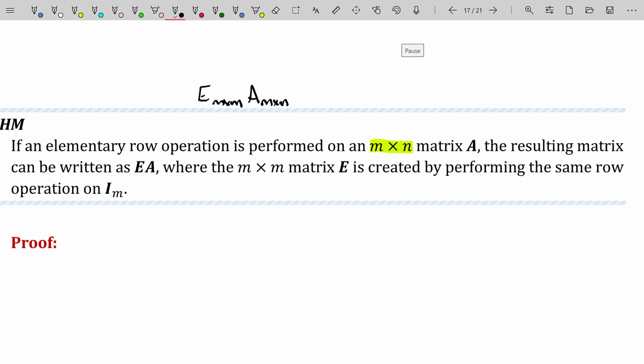So that requires E to be the square M by M matrix. But remember, E is just derived from the identity matrix using a single row operation. So anyhow, the resulting matrix can be written as E times A, where the M by M matrix E is created by performing the same row operation on the identity matrix.